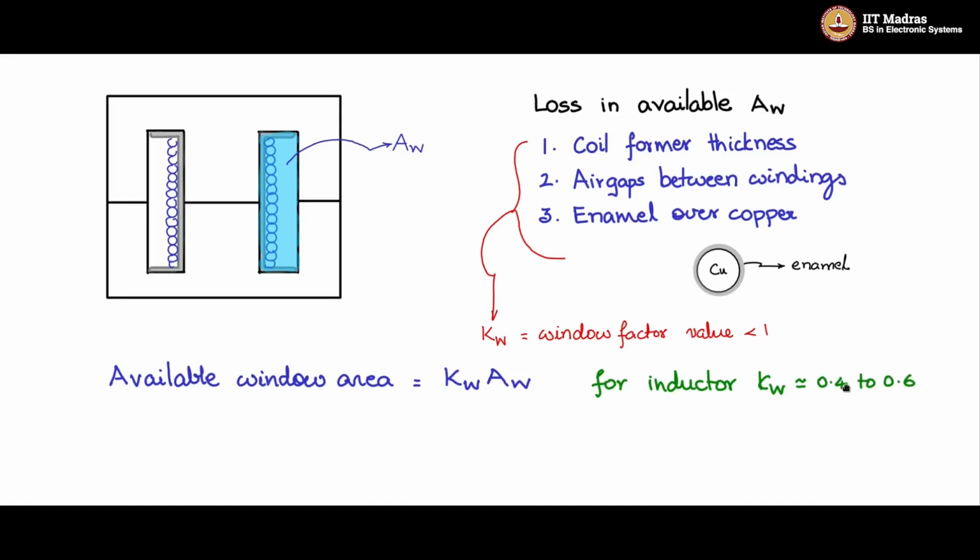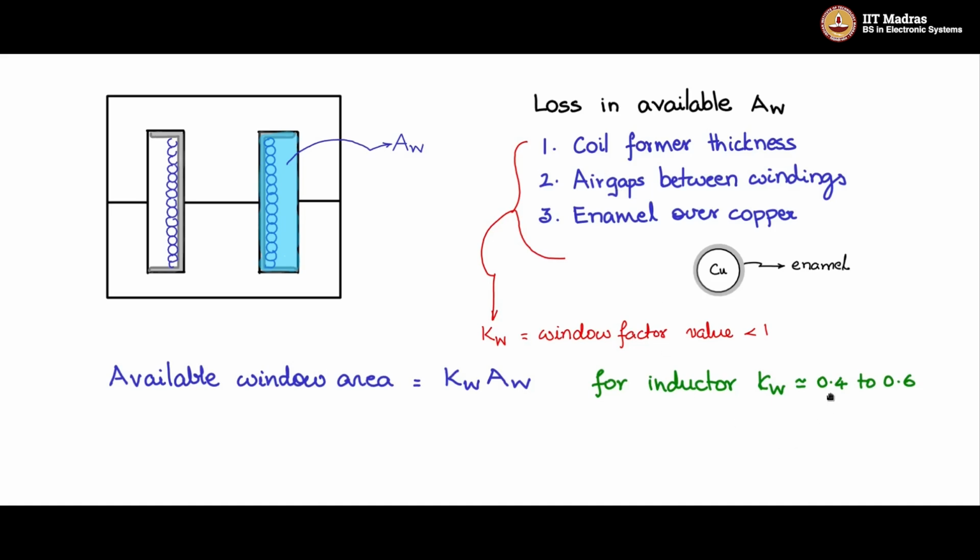You should understand that it is not easy to deterministically evaluate all these losses in available window area, because many a time the air gap between the windings depends on the skill with which one winds.